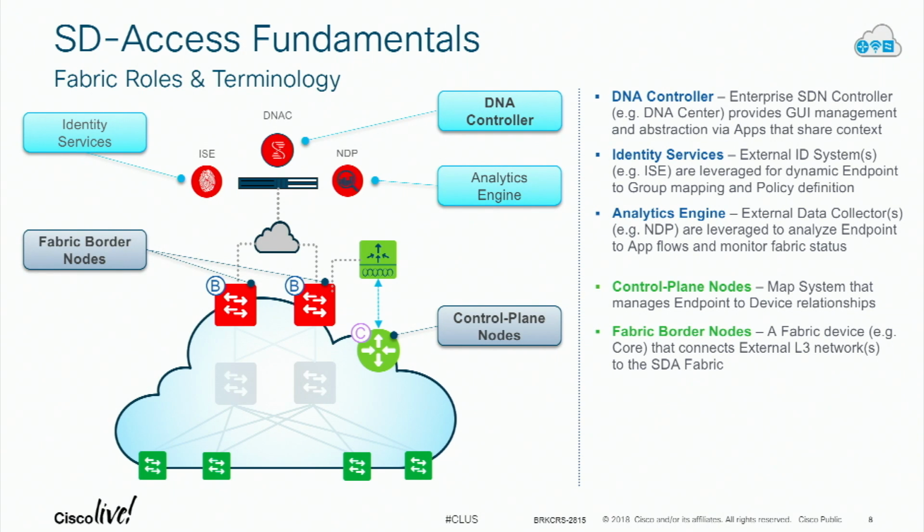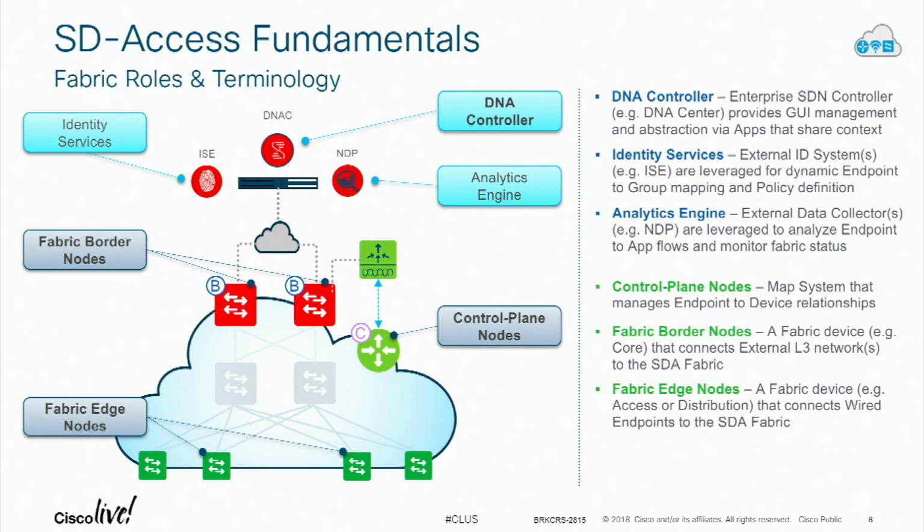Now, this is one pocket of the network, and we have borders to that network so that whatever framing we're using within that fabric is terminated at those borders, and I now have a network-to-network interface that allows me to communicate with traditional IP networks, with the internet, with your legacy network. And we have what we call edge nodes, and those edge nodes are where the devices connect, right?